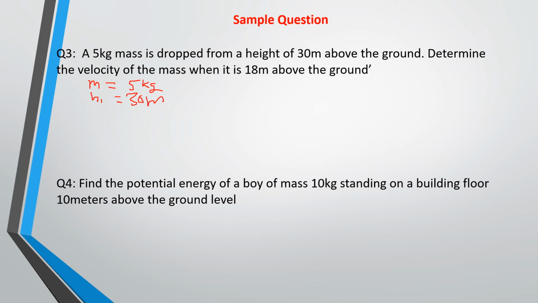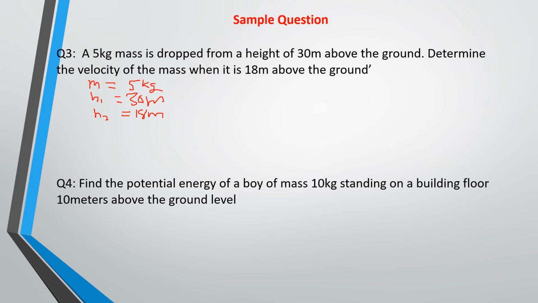And then you are looking for the velocity at the height of 18 meters. Fine. So remember that we said that at this height, 30 meters, the energy the body will possess will be equal to the potential energy.